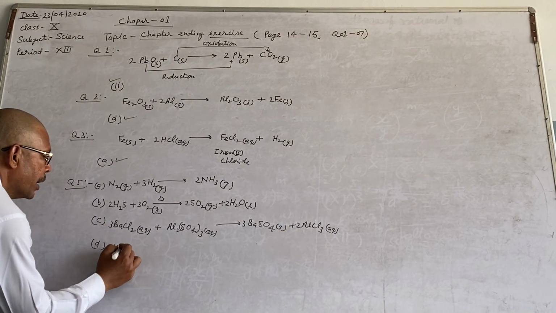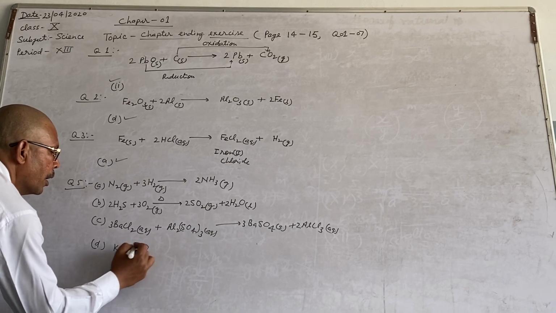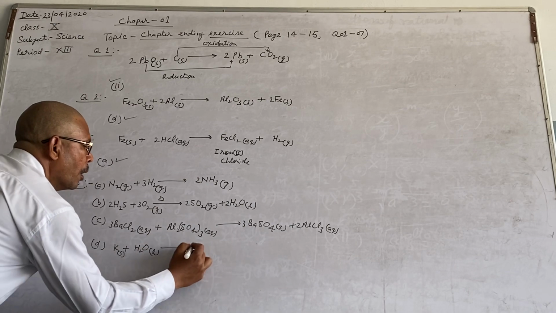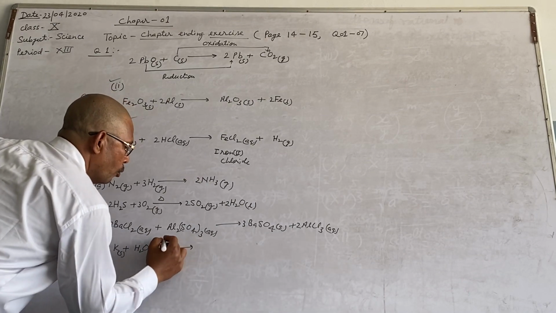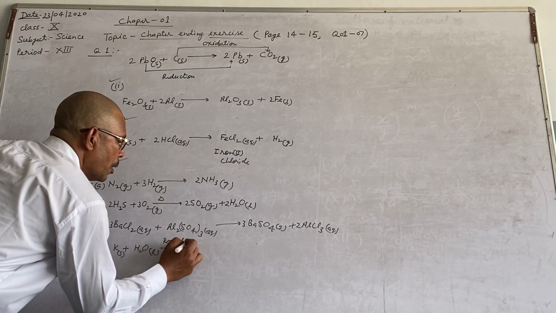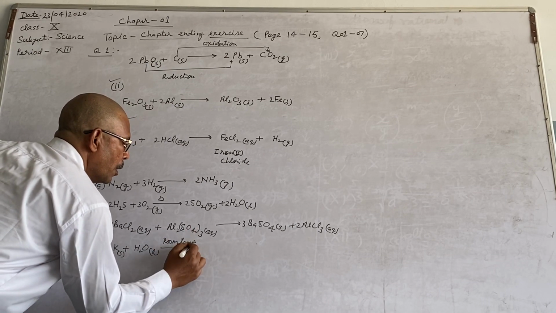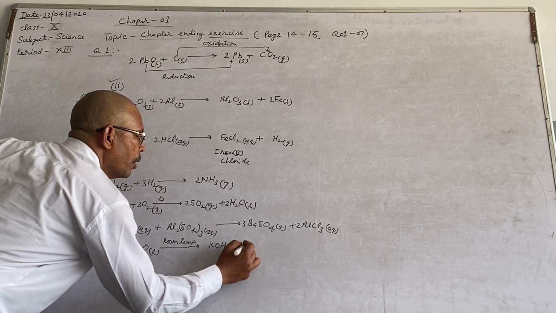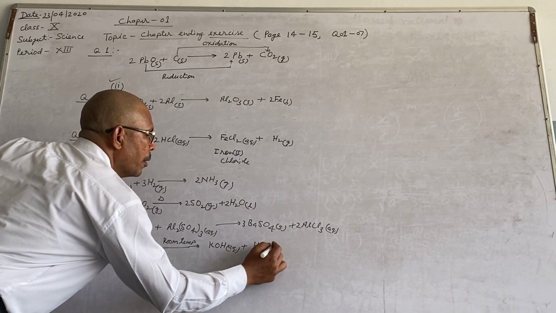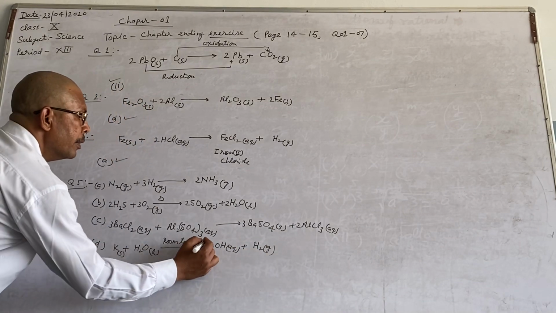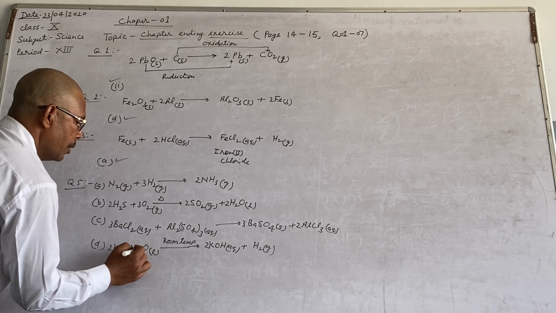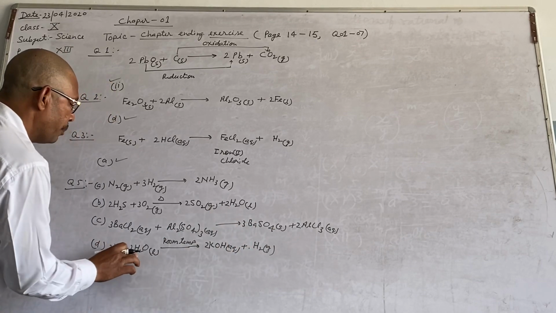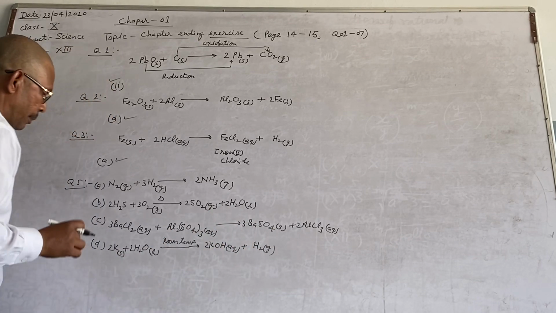D. Potassium metal reacts with water at room temperature to give KOH aqueous plus hydrogen gas. K plus 2H2O. This is the balanced chemical equation.